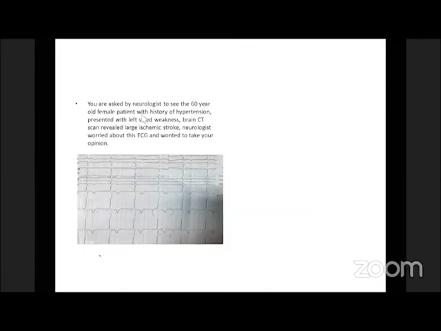You are asked by neurologists to see a 60-year-old female patient with history of hypertension presenting with left-sided weakness. The brain CT revealed a large ischemic stroke. The neurologist is worried about this ECG and wanted your opinion. Again, in this ECG there is T inversion, but the presentation is different.